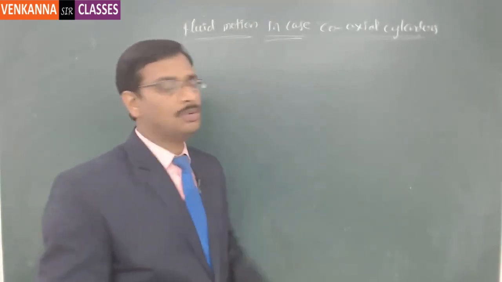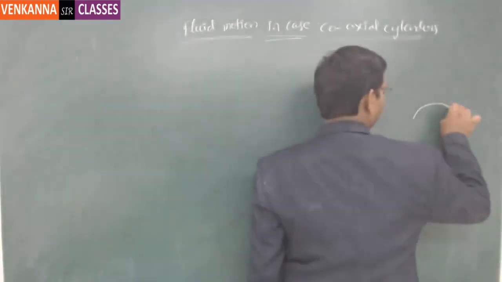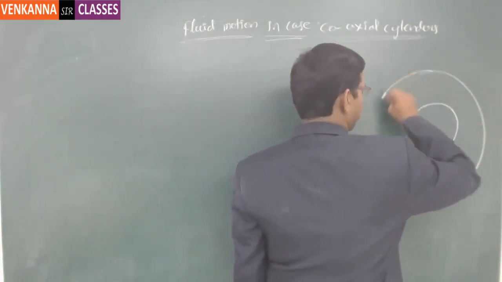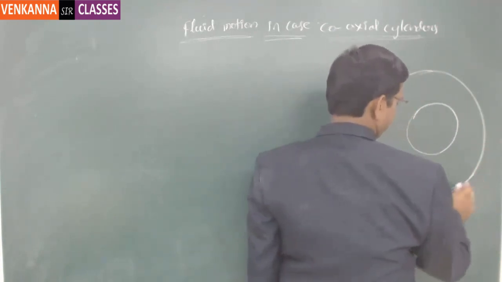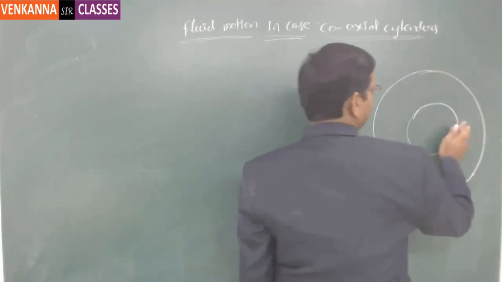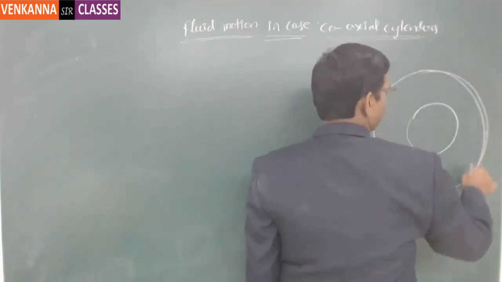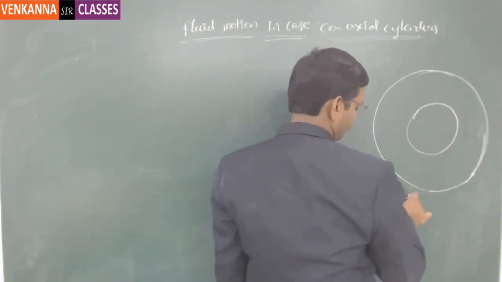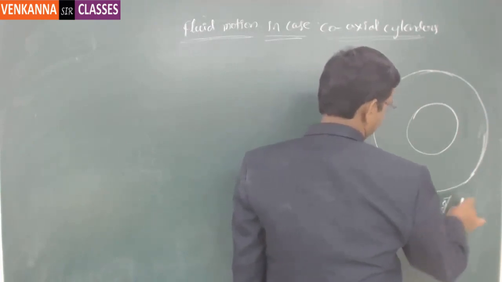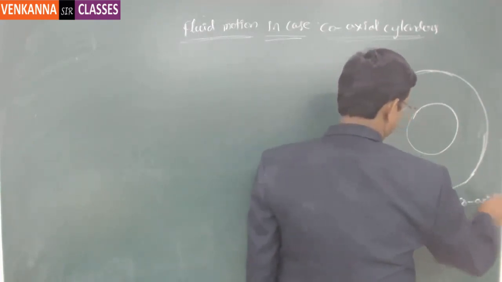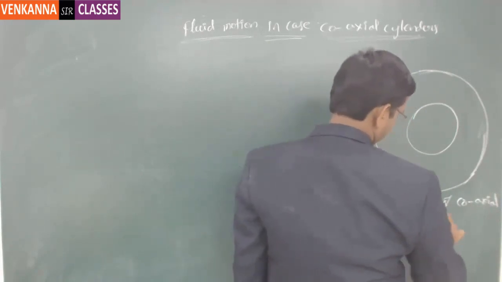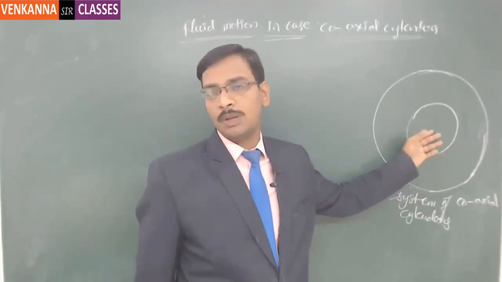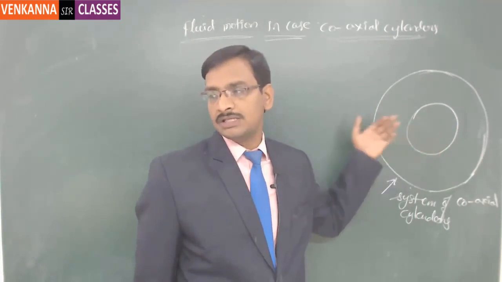Now if you look from the top, the cross-sectional area will be like this. This is the system of coaxial cylinders. Suppose there is a cylinder present, maybe hollow or completely filled with some metal, and this is one more cylinder.